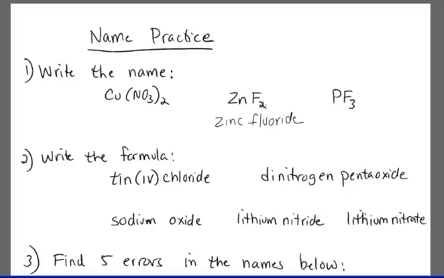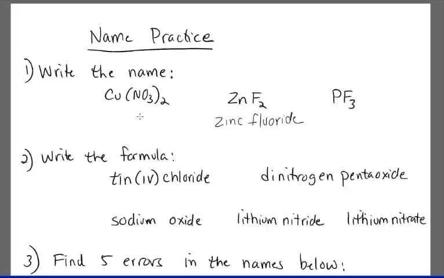No need for a count, because we know that zinc has a 2+ charge, and it always does. However, copper can have a 1+ or a 2+, and in this case, we look at NO3- and we recognize that as a polyatomic ion, nitrate.